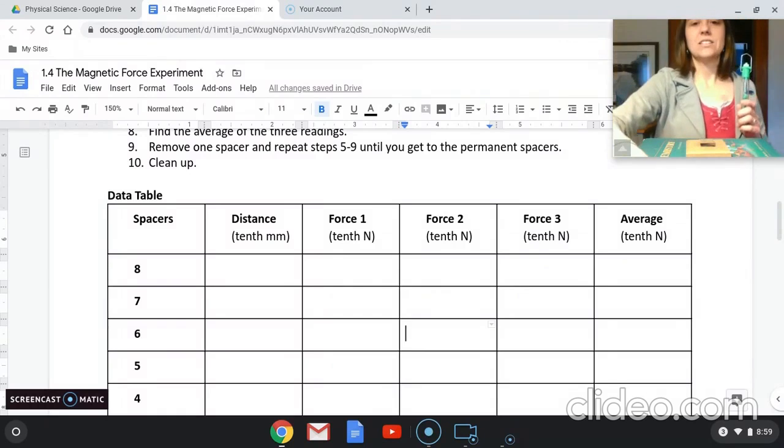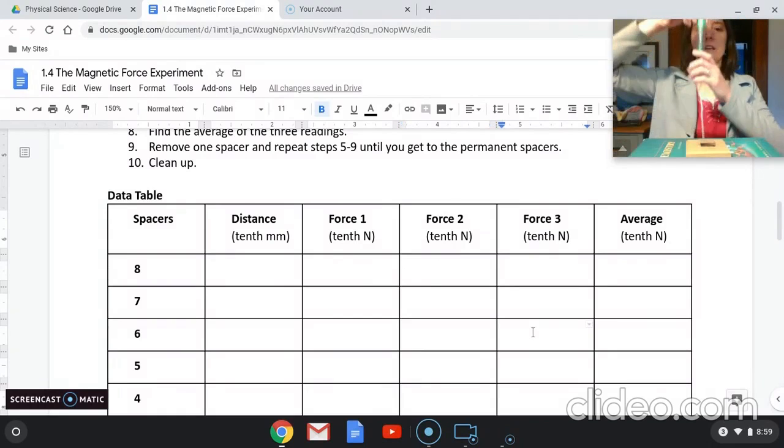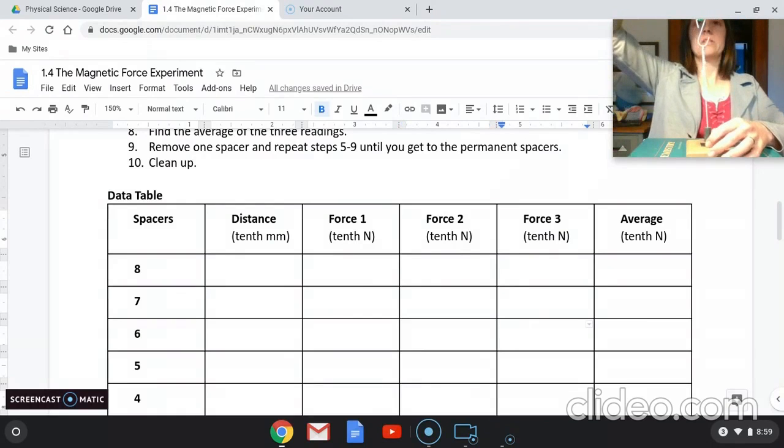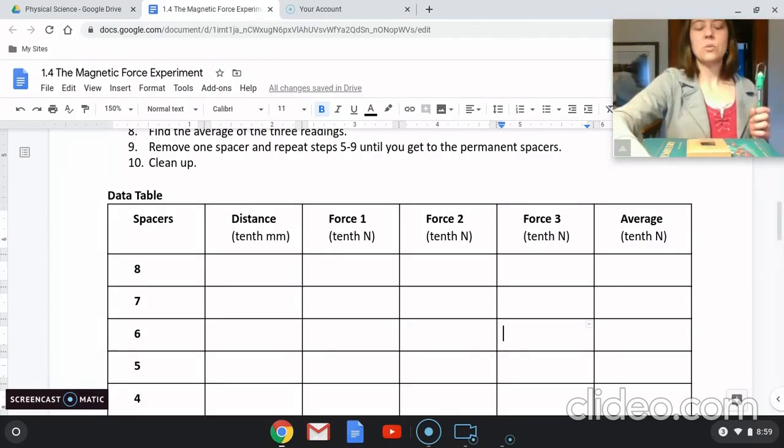Again, 0.9 newtons. And force 3, 0.4, 0.5, 0.6, 0.7, 0.8. Ooh, let's try that one again. I didn't quite get it. 0.5, 0.6, 0.7, 0.8. Yep, that was 0.8 newtons.